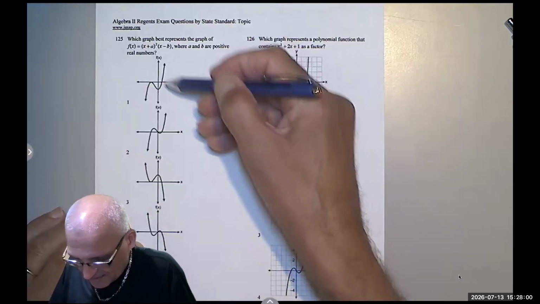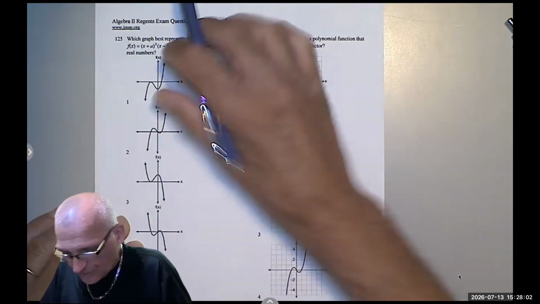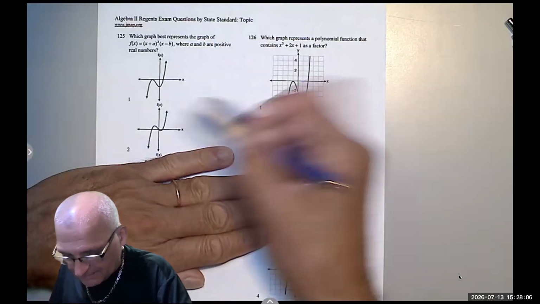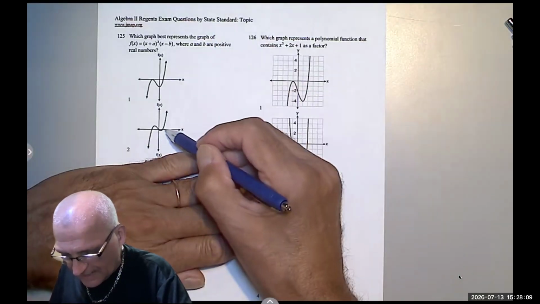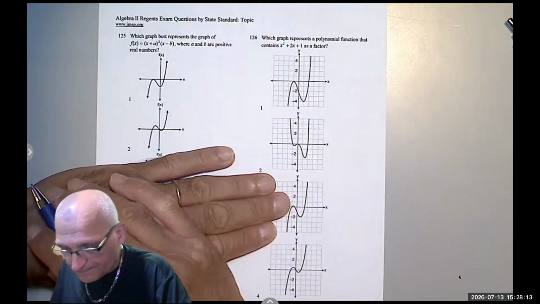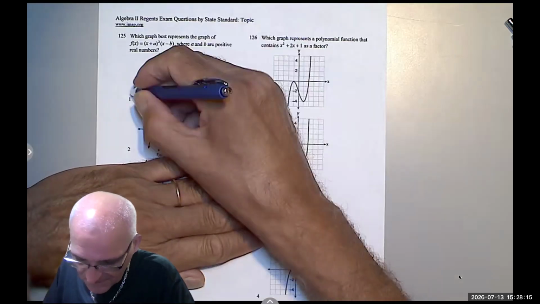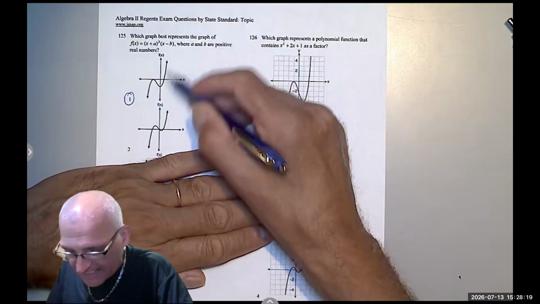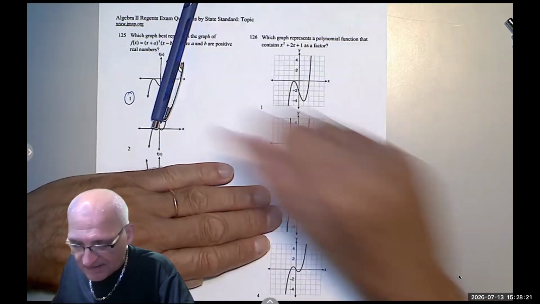Positive, all these two are going up on the right, so they could be the correct answer. This one doesn't bounce at anything. It passes through 0 and a and no. So it must be this one. Okay? It's number one. It bounces at A, it crosses at B, and the right-hand side is going up.